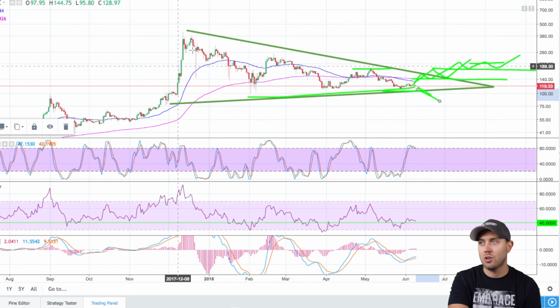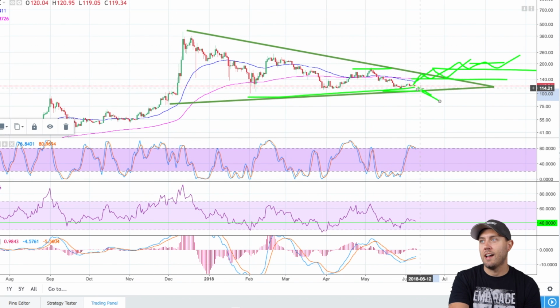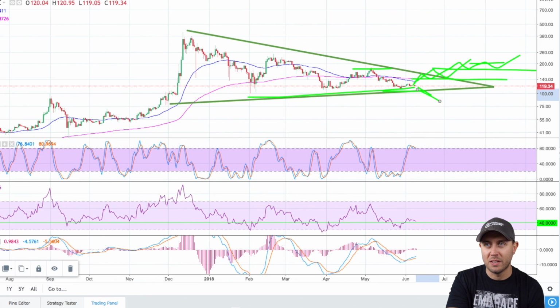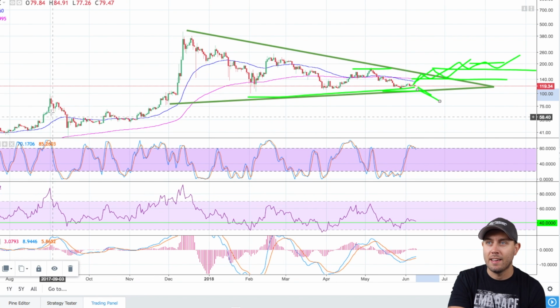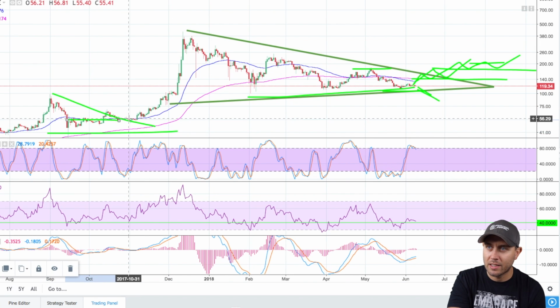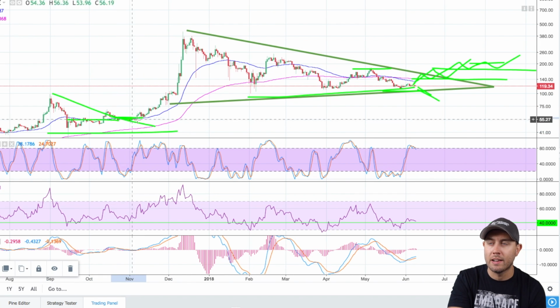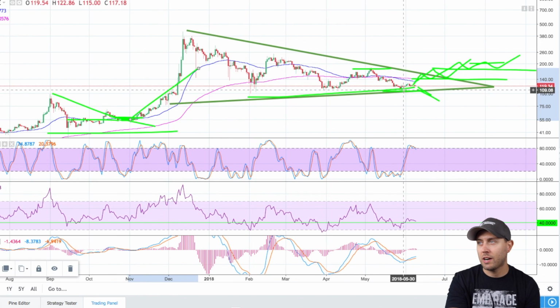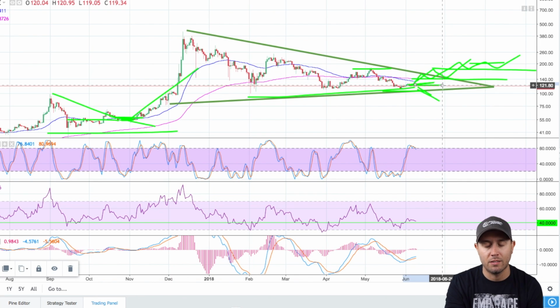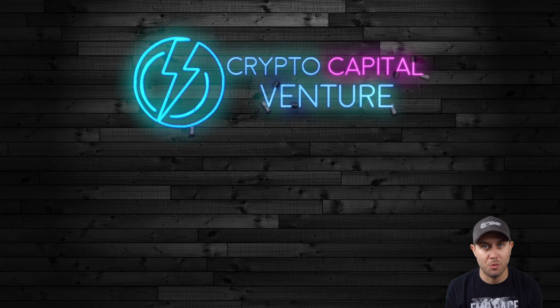It's like skipping a stone across the water, and then it just consolidates into no movement. The same thing happened in this last triangle back here. It consolidated into no movement right here, and then it broke up. So we're kind of doing the same thing. No movement really. It's a lot of sideways trading as of recently. So let's see what happens.